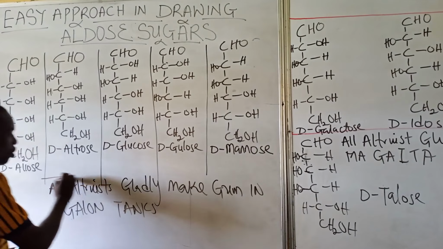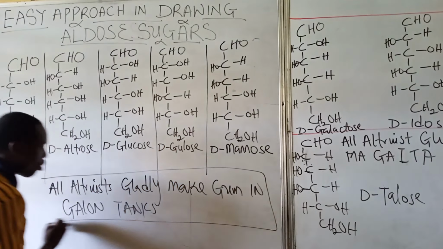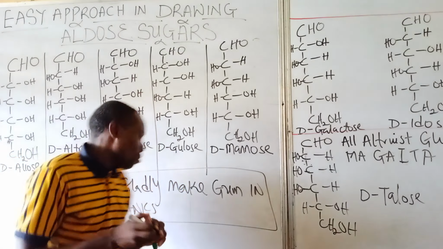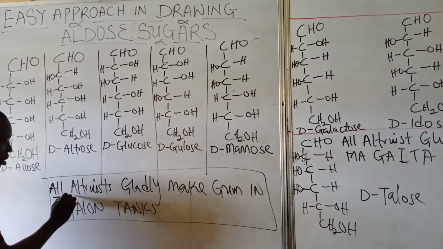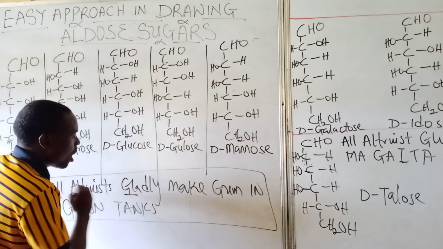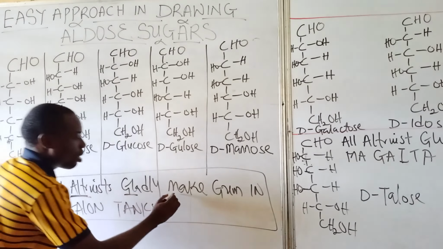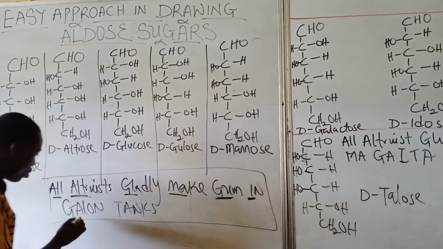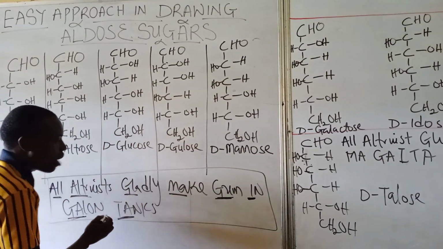So this is another shortcut you can also use to remember the 8 aldoses. The allose, the altrose, GL stands for glucose, MA, mannose, gulose, idose, galactose, and talose.